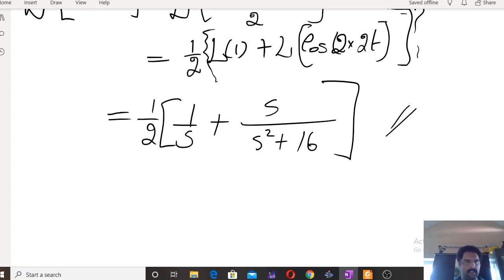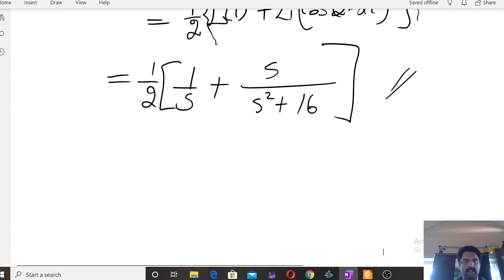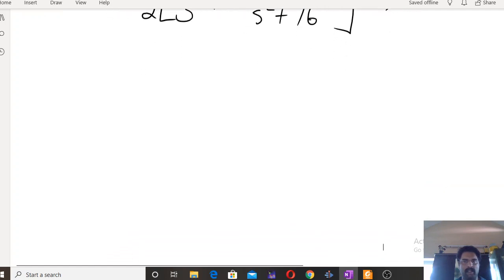Now there are some situations in which we are looking for the Laplace transform of cubic functions. In the case of cubic functions also, we use trigonometric relations.